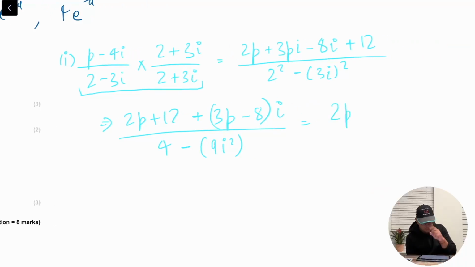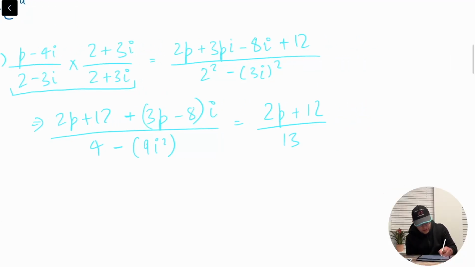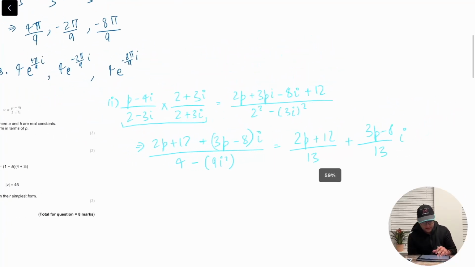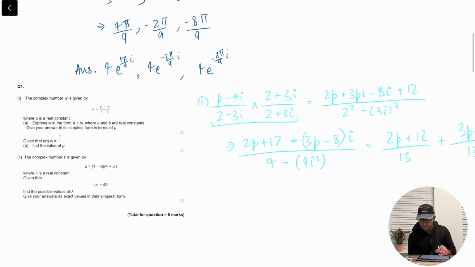Just splitting the fractions, splitting the numerator up: 2p plus 12 over 13, plus 3p minus 8 over 13 i, right? So that's just going to be the answer of part A.